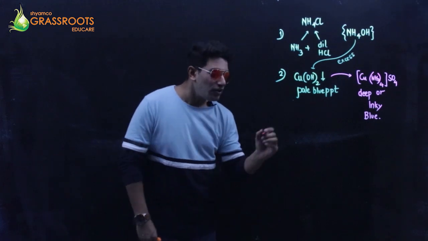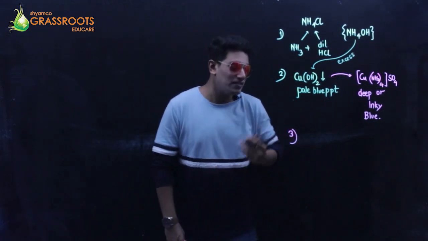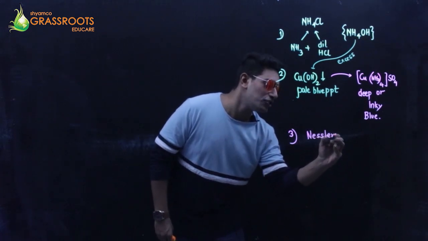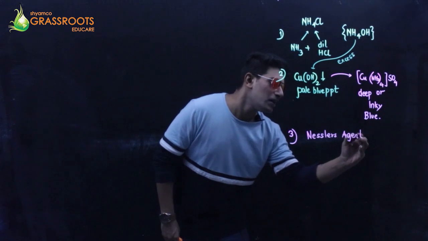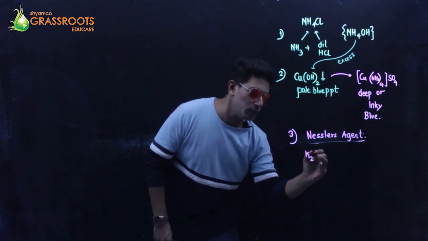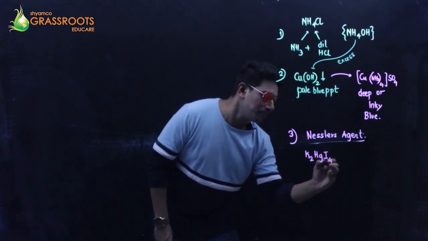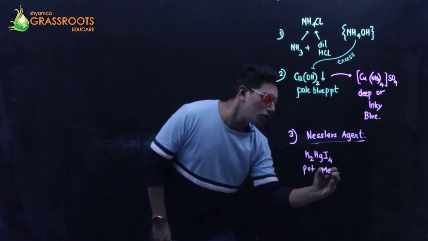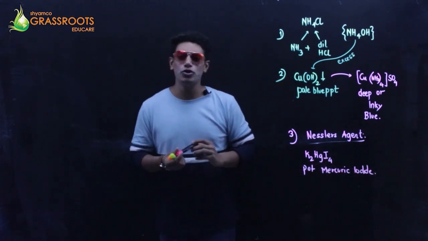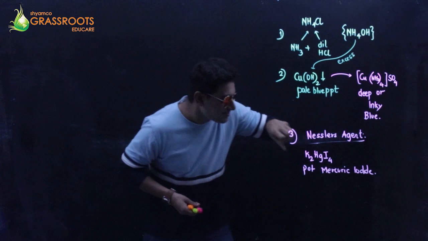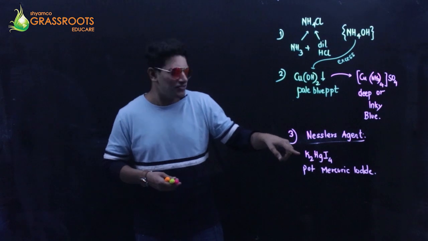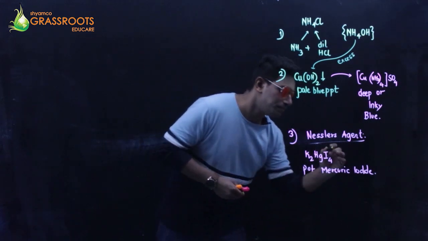The third chemical test which we can speak about is Nessler's reagent. This is a new one. Now Nessler's reagent is said to be potassium mercuric iodide. When I pass ammonia through this solution, first the solution turns pale brown.